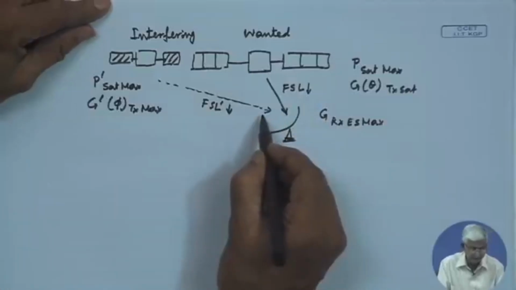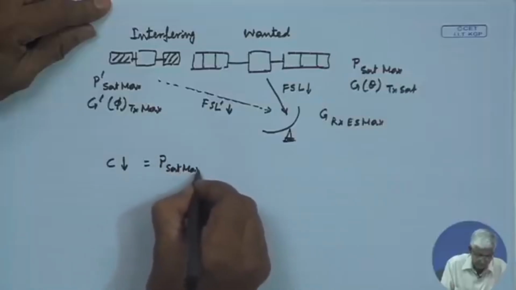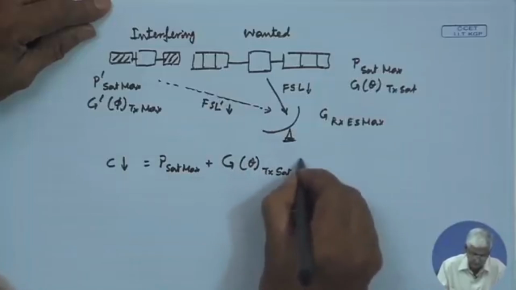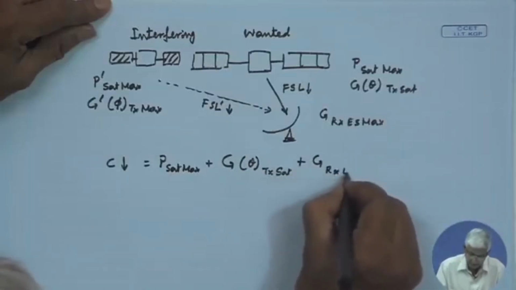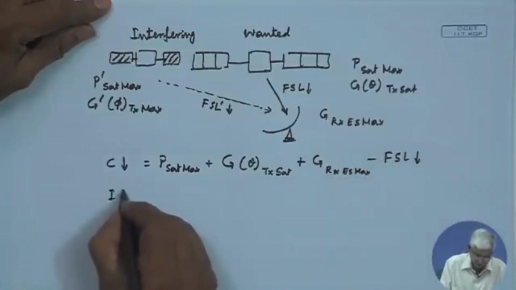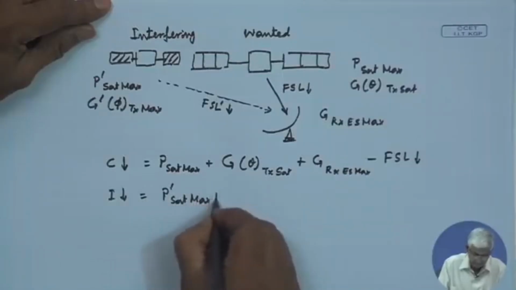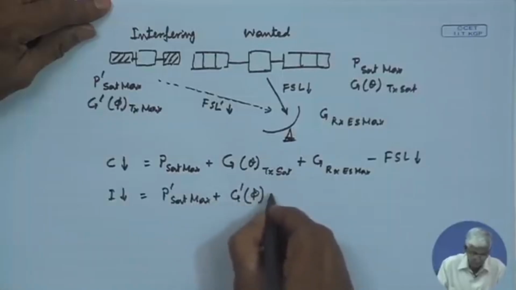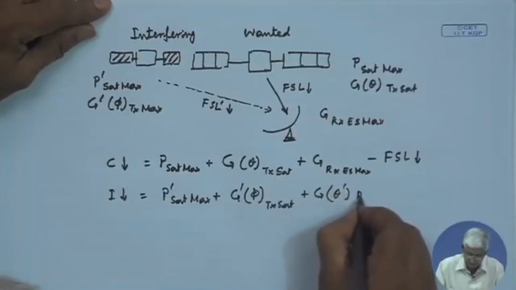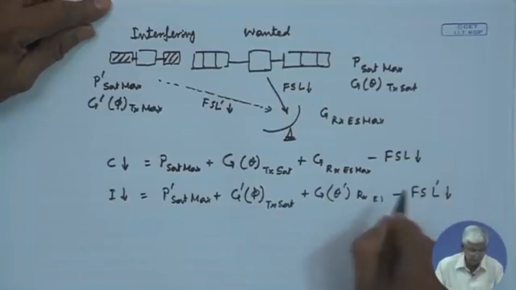So, wanted link, interfering link. C downlink is P satellite max plus G theta transmit from the satellite plus G receive of the station max pointed minus FSL downlink, and interfering power I is equal to P dash satellite max plus G dash phi transmit satellite plus G theta dash receive at station minus FSL prime.